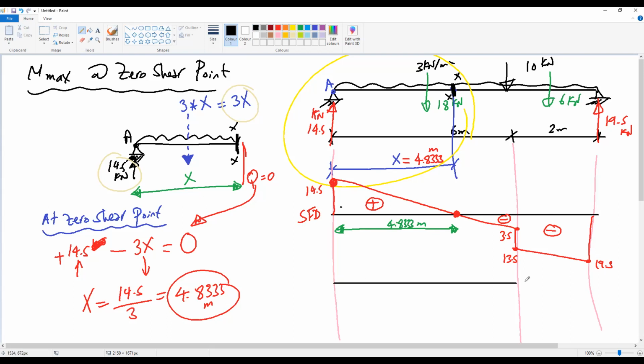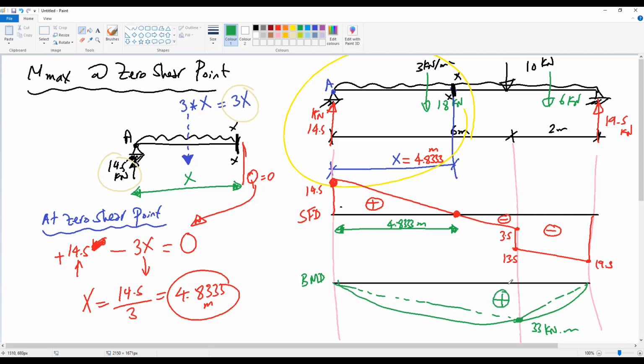If we draw the bending moment diagram again, we set the value here 33 kilonewton meter, and I draw a parabola in this part, connect this with a dashed line, and draw the parabola here. This is positive moment. The maximum moment at this point is the value Mmax. Can you find Mmax for me?